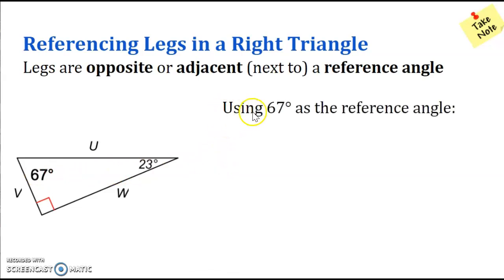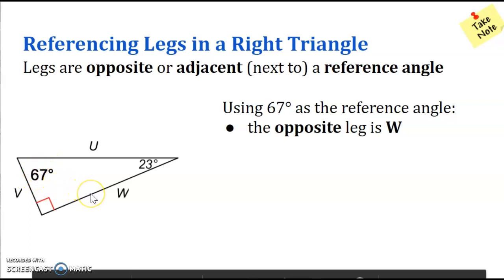So for example, if you're using 67 degrees as the reference angle, so that means we are looking from the perspective of 67 degrees. So from 67 degrees, the opposite leg, that means across from this angle. So here is my angle. Across from is the leg W.